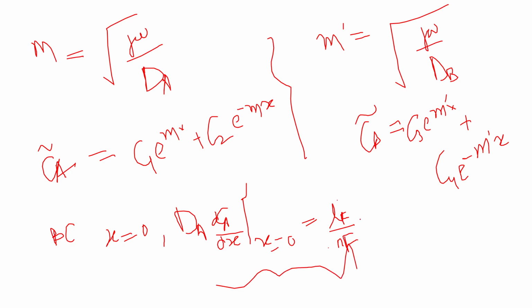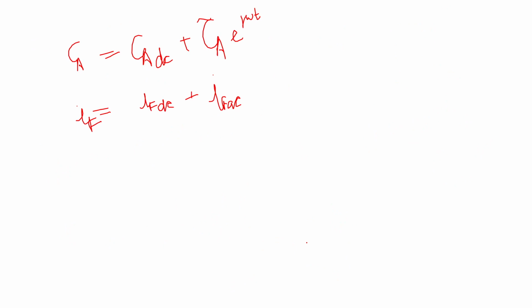So both sides I'm writing in terms of AC. So how can I write that? dA ∂CA by ∂x at x equal to 0, and you have CA bar into e raised to jωt.